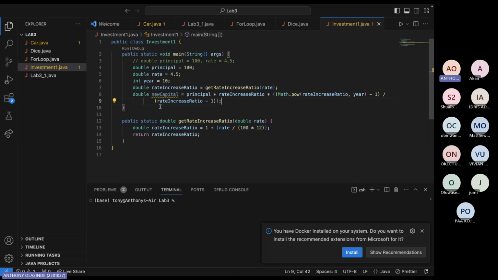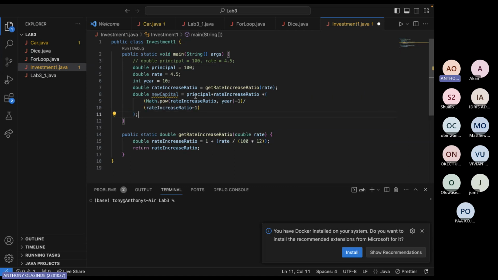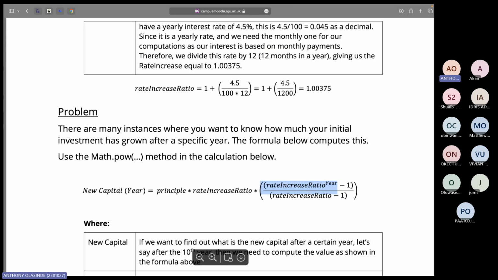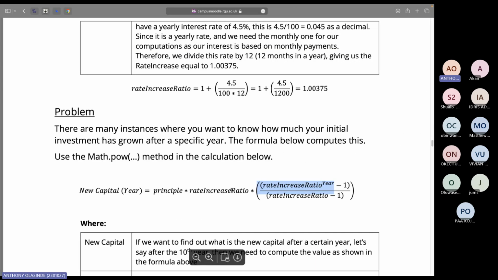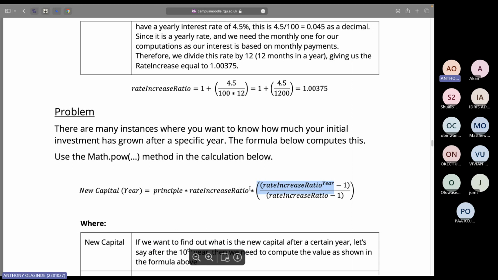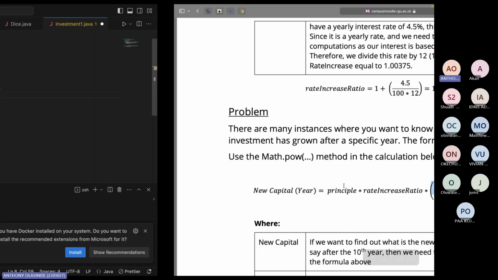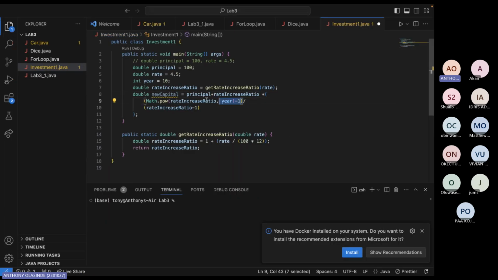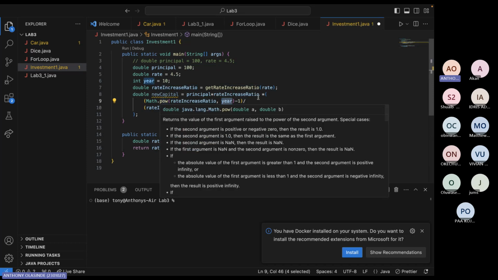Let's take it back a bit. So you have your principal, times rate increase ratio, times your big bracket, then your first small bracket, rate increase ratio minus 1. That's this. The power of rate increase ratio, you know how to do power. Supply the stuff you want to power, supply the power, then that one has its own bracket.